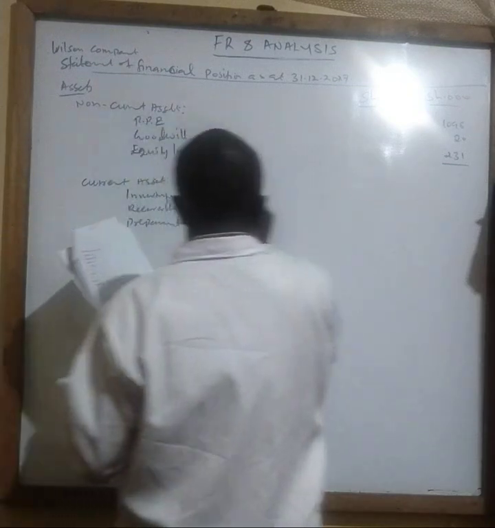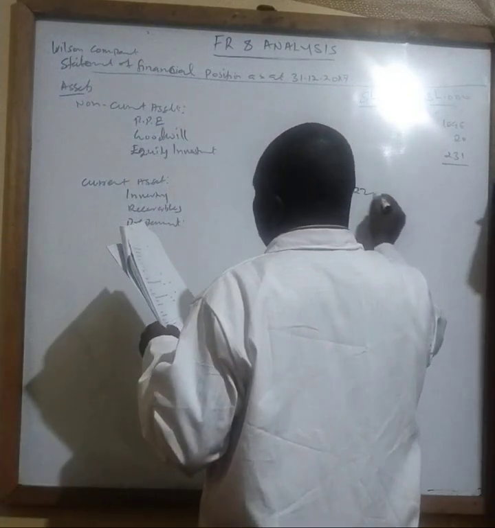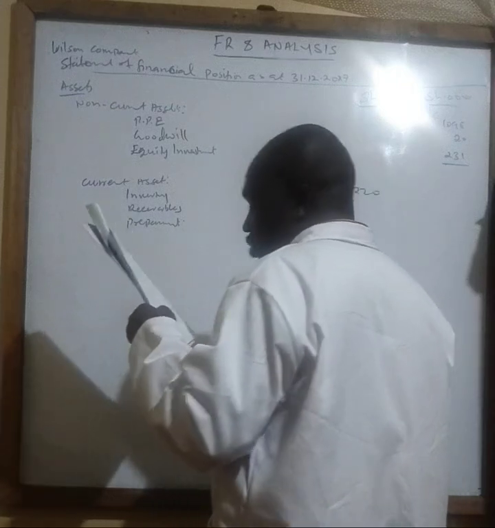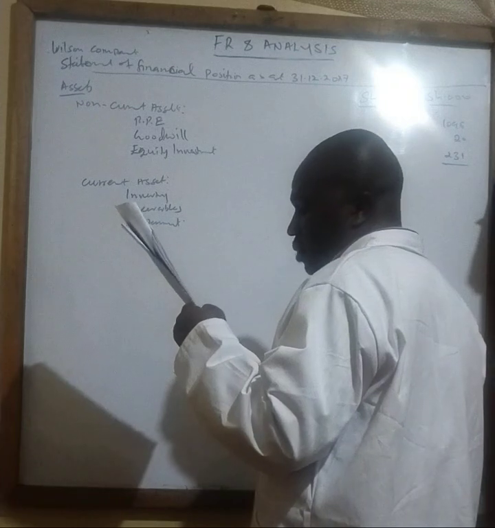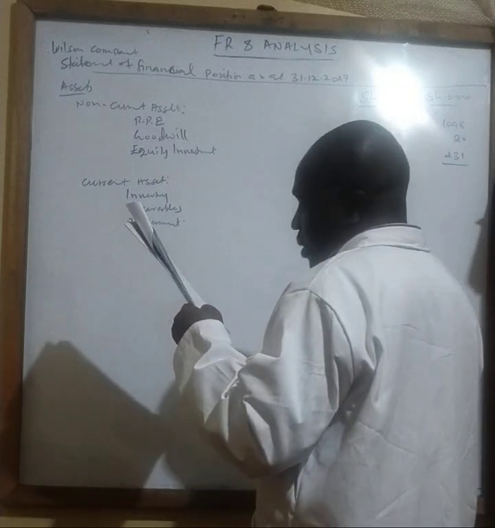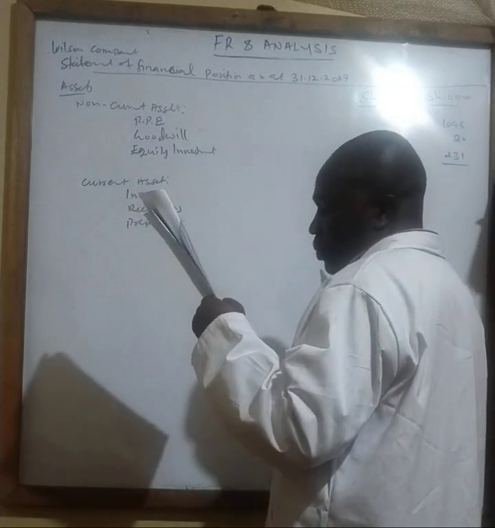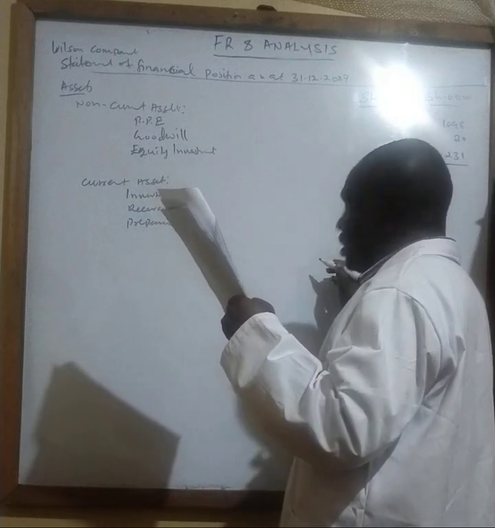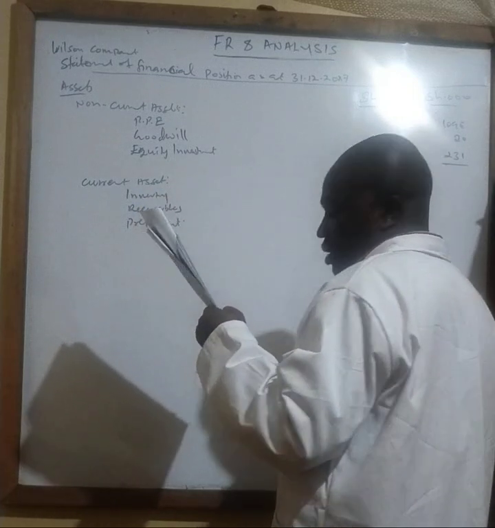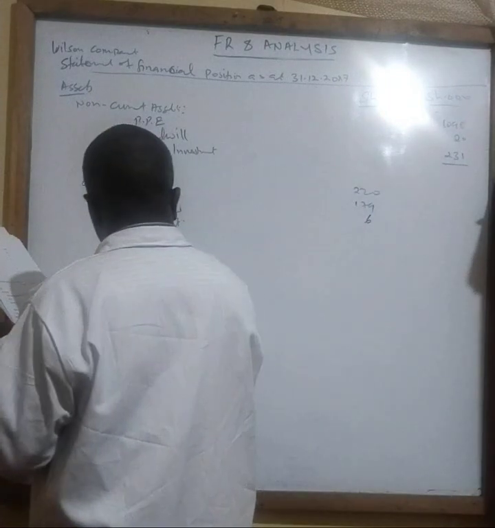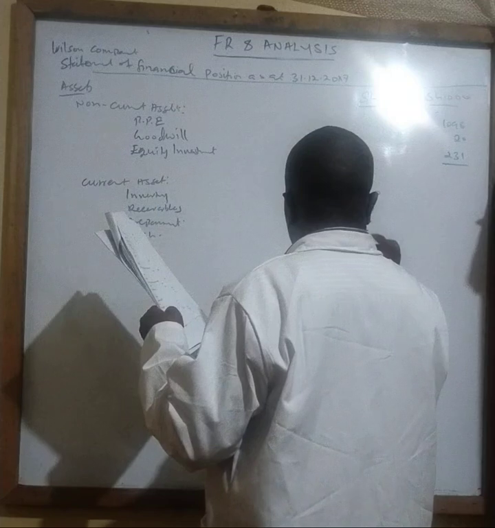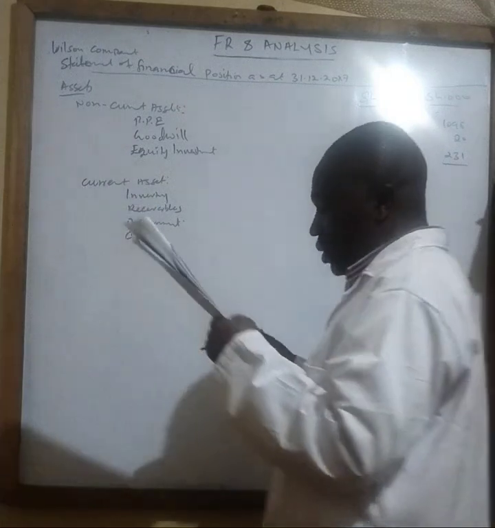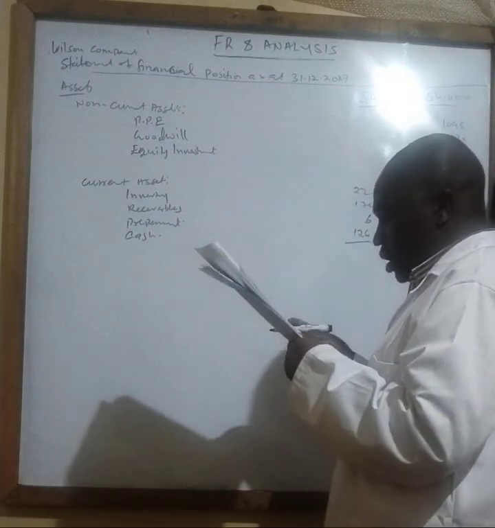Closing inventory we found to be 220. Receivables it is 179. Prepayment, there was a prepayment of how much? 6. You remember the 6? Then there is cash. How much is cash? 126.